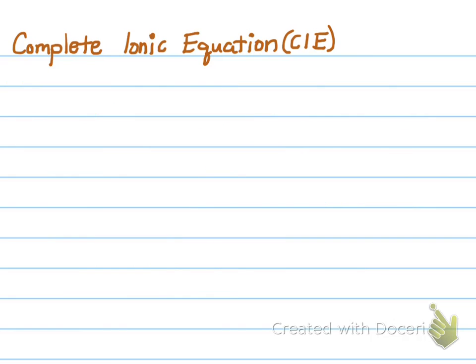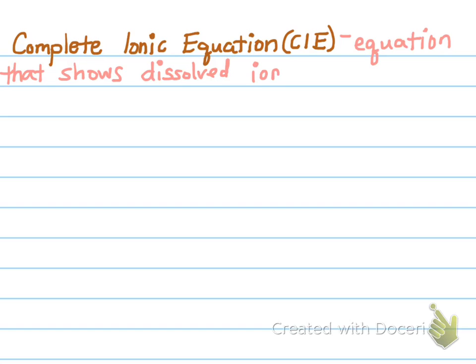So to work towards being able to write a net ionic equation, the first step we're going to do is to write what's called a complete ionic equation. The definition of a complete ionic equation is an equation that shows dissolved ionic compounds as free ions.